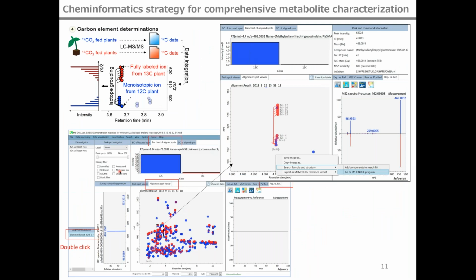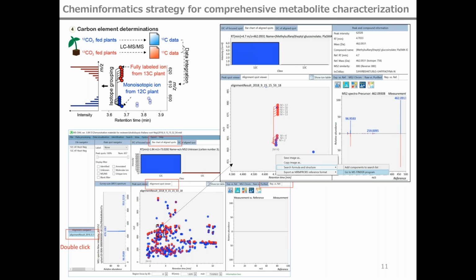Actually, we applied this methodology to a total of 31 plant tissues of 12 plant species. For example, once we import two experimental files coming from 12C and 13C plant tissues, we can look at these kinds of blue and red color spots.